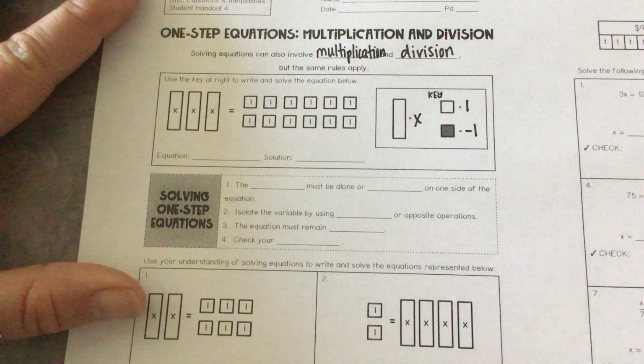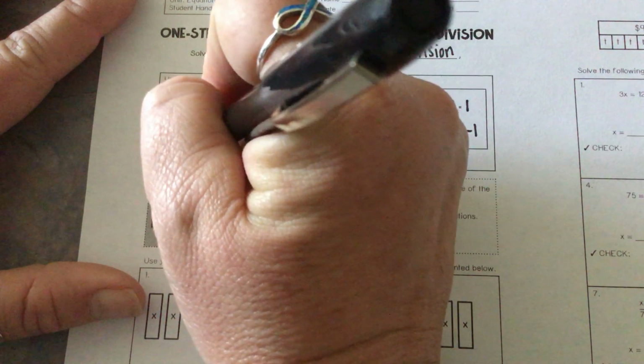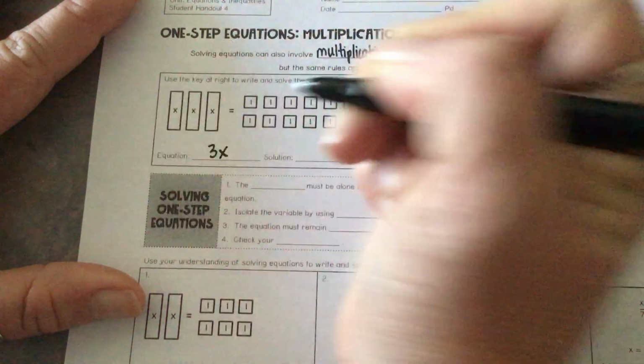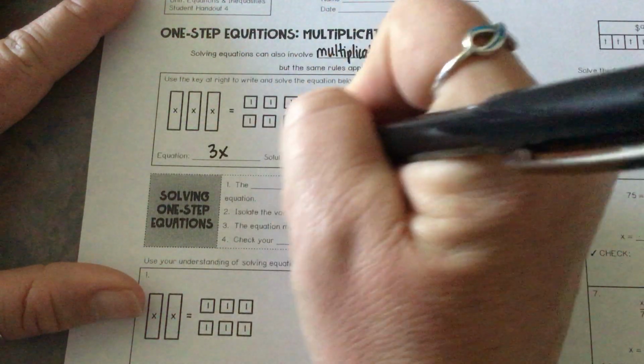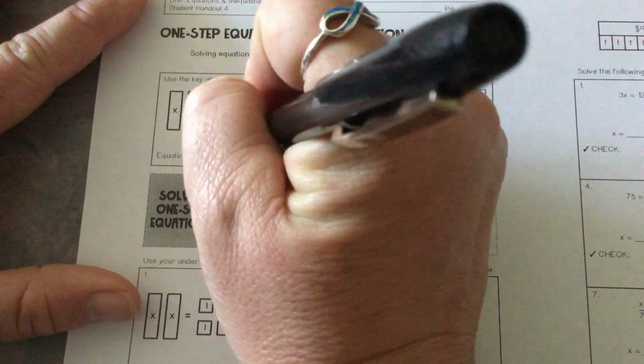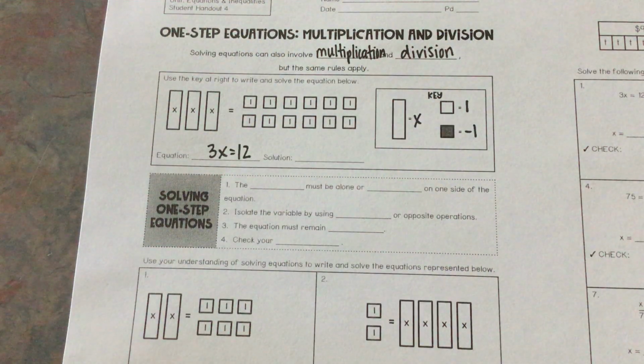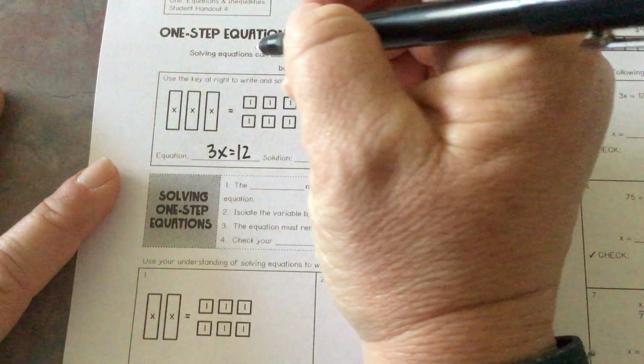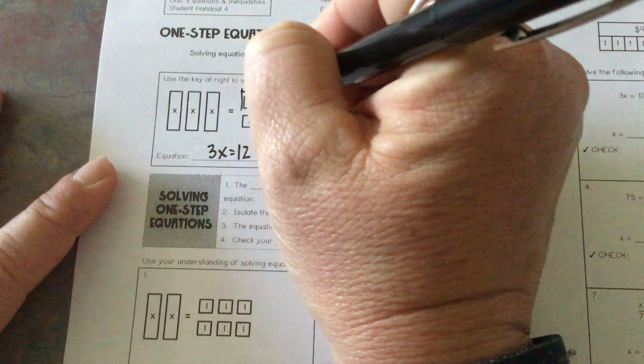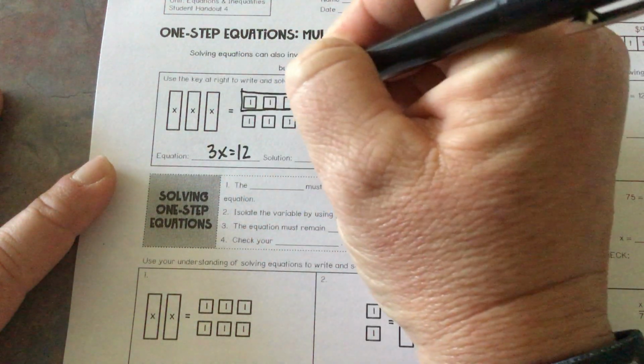All right, so for this equation, we have three x's, so we know we're going to do 3x, and our solution, or 3x equals 12. Obviously, you could do this a couple of different ways. You can group it into threes.